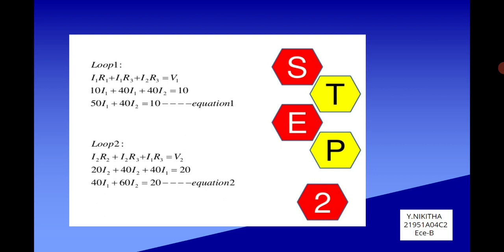Loop 2: I2R2 plus I2R3 plus I1R3 is equal to V2. So 20I2 plus 40I2 plus 40I1 is equal to 20, that is, 40I1 plus 60I2 is equal to 20.